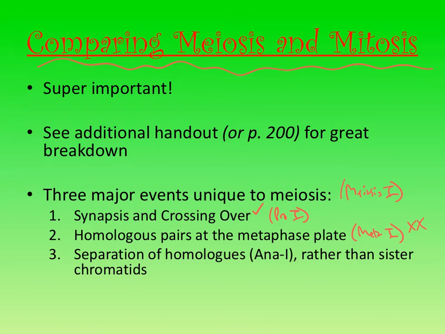And then the third thing is during anaphase 1, we see a separation of those homologous quote-unquote X's versus the sister chromatids breaking apart. Sister chromatids breaking apart would be like either half of the X going in opposite directions. And we don't see that until meiosis 2.